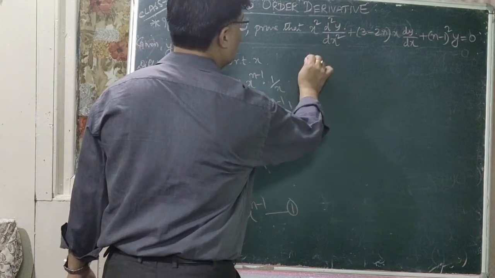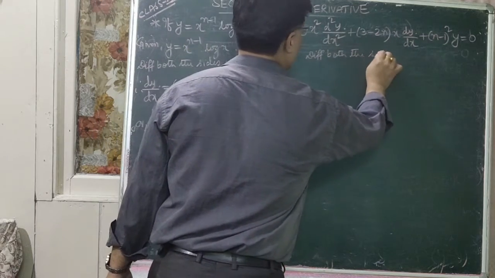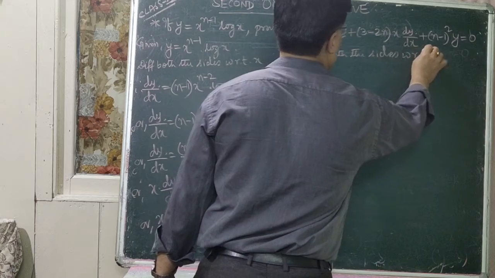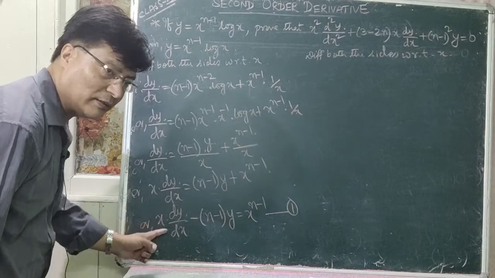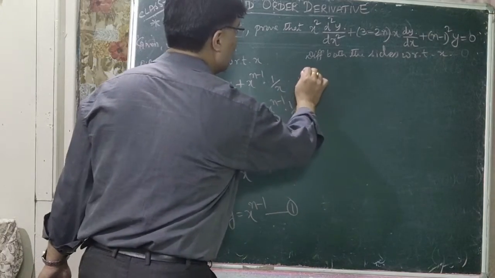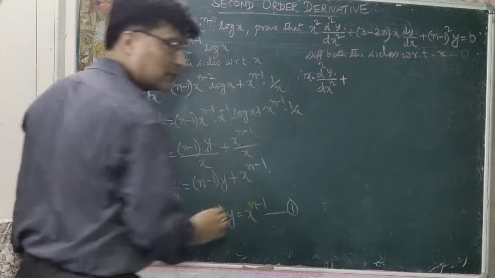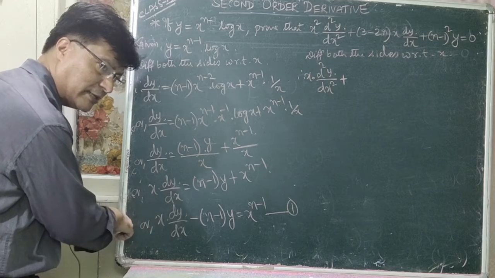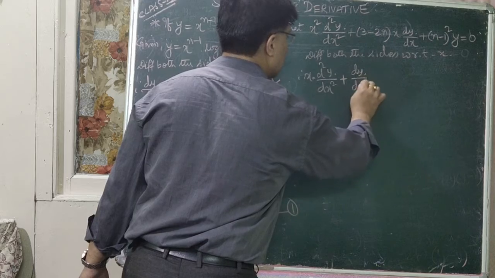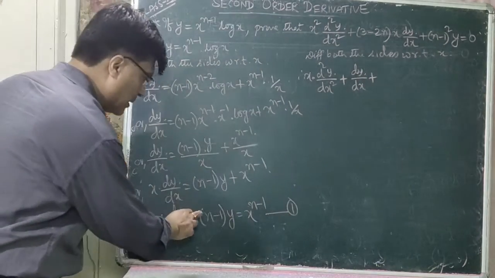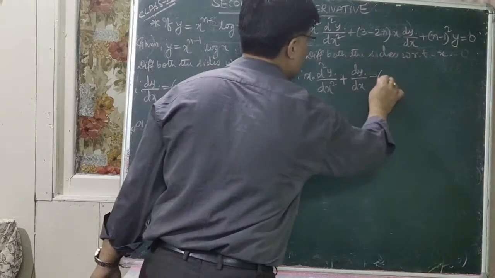So differentiating both the sides with respect to x. Now here you can use UV rule because this is the product of two functions. Therefore x is kept as it is, d2y by dx square, plus next keeping dy by dx as it is, take the differentiation of x with respect to x, which is 1. So dy by dx is kept as it is, plus next, it is minus sign, minus n minus 1 is constant, it is kept as it is.